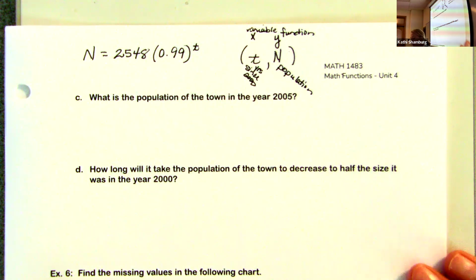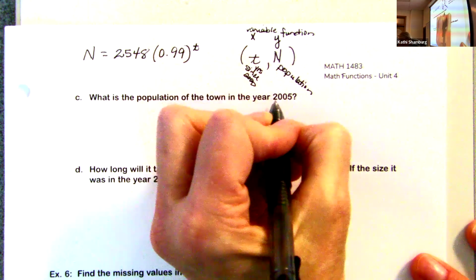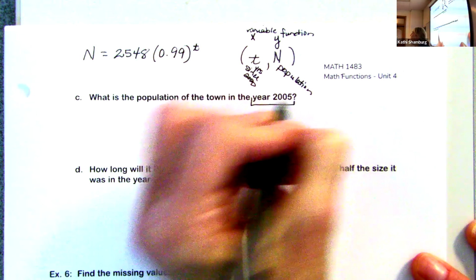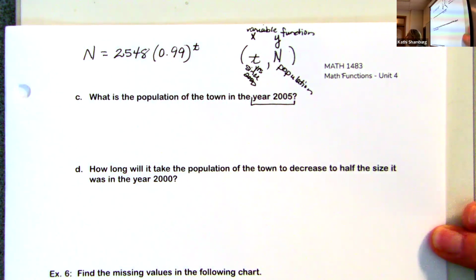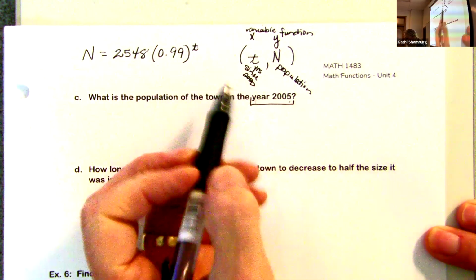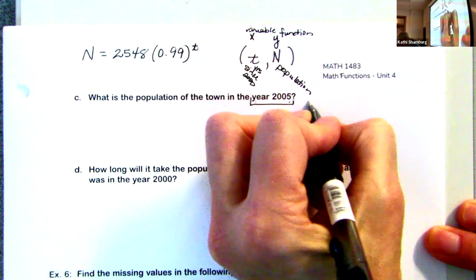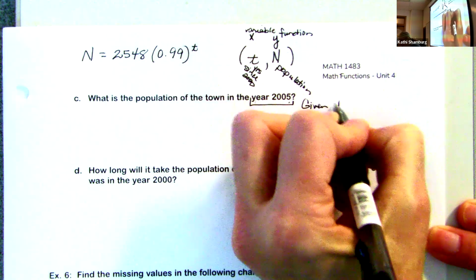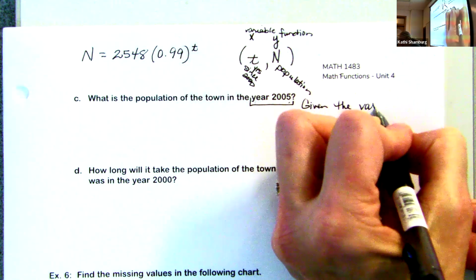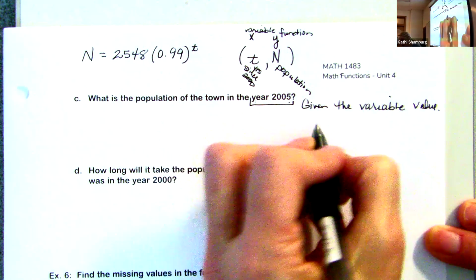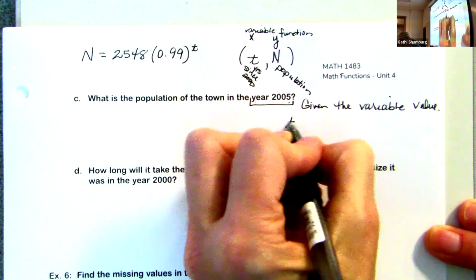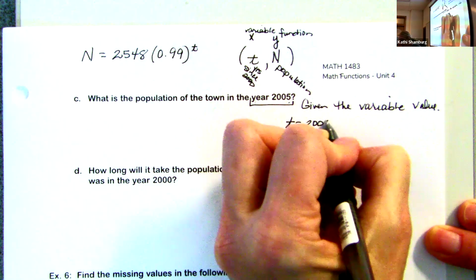In part C, what is the population of the town in the year 2005? You were working ahead, so you were giving me information on this, and you were correct. Now, what is given, function or variable value? Look at year, years goes with variable, so we're given the variable value. So my question is, does t equal 2005?